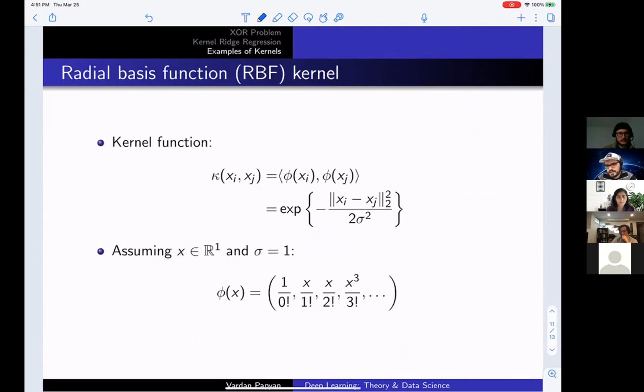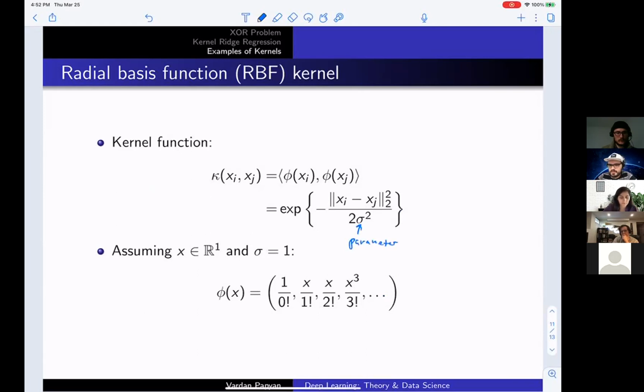Here is another example of a kernel. In this case, it's called the radial basis function kernel, in short, RBF. The RBF kernel is defined as follows. The kernel of xi and xj is equal to the inner product of phi xi and phi xj, which is equal to simply the exponential of minus the L2 norm squared of xi minus xj divided by 2 sigma squared, where sigma is some parameter that you can choose.